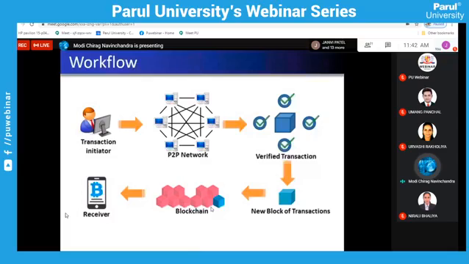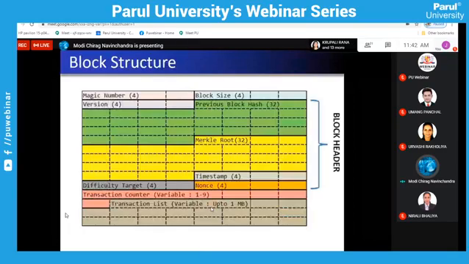Once that block is added to the blockchain, the receiver will get that message. So this is the block structure in the blockchain. Here, the magic number shows the network, and the version shows which blockchain platform you are using.